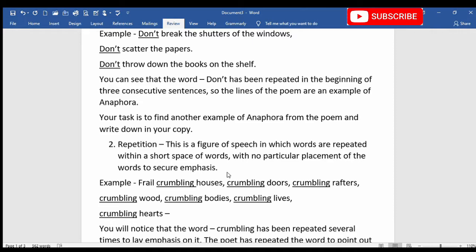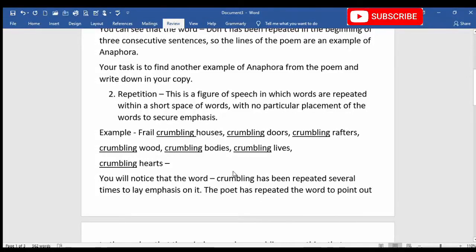Now look at the example. Frail, crumbling houses, crumbling doors, crumbling rafters, crumbling wood, crumbling bodies, crumbling lives, crumbling hearts. So this is an example of repetition.